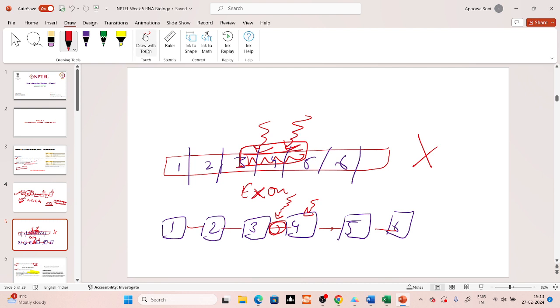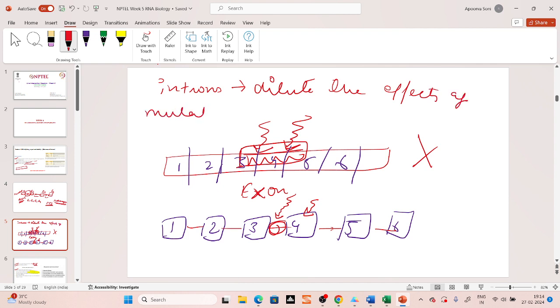Could you understand this, that introns dilute the effects of mutation?